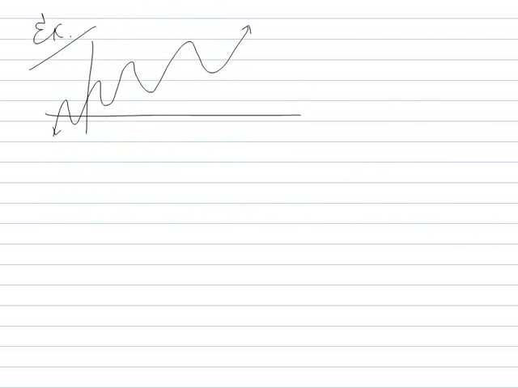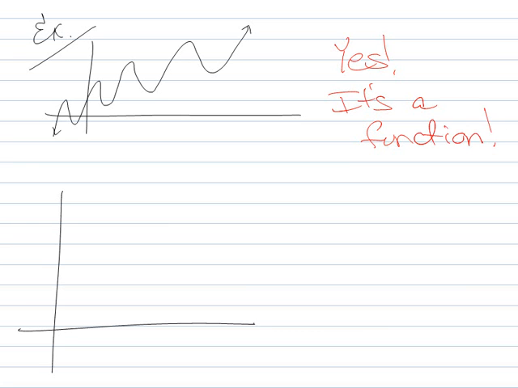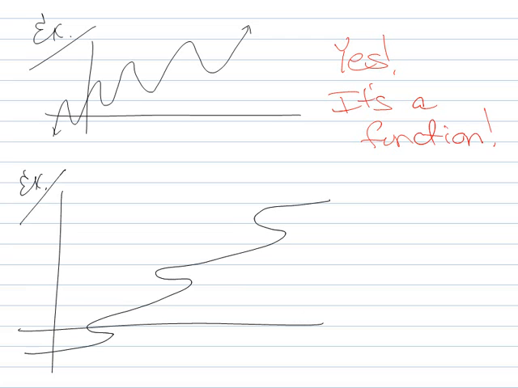So since the graph never hits the line in more than one spot, I can say yes, it's a function. But what if I take a very similar graph and I go like this? Okay.